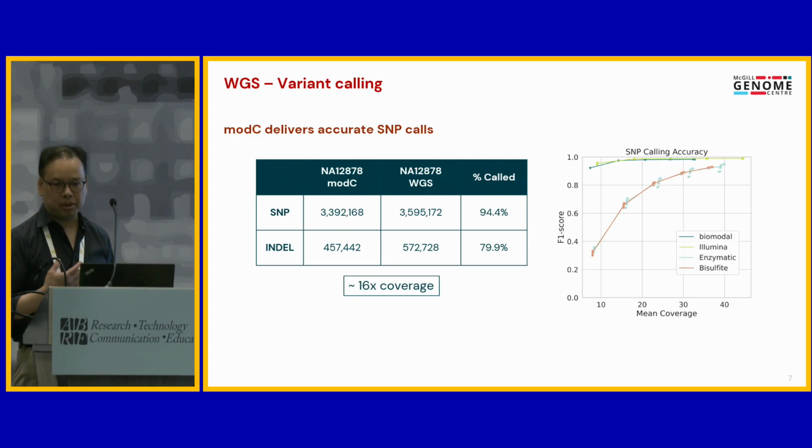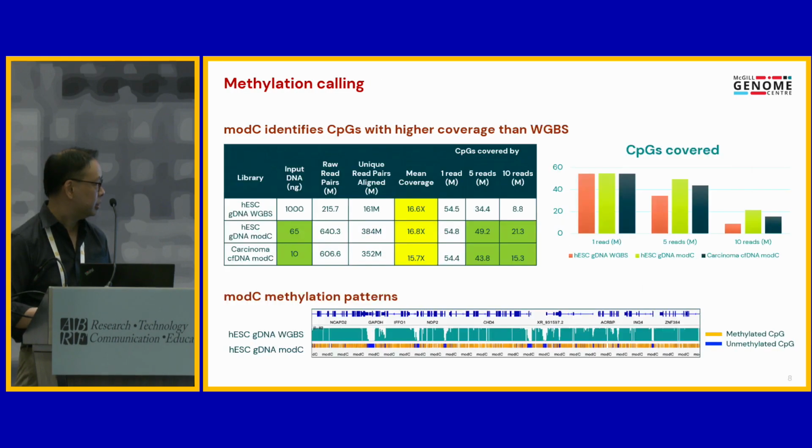But of course, we're not interested just in the genomic sequence. We want to look at the methylation. So the first thing we did was to look at the CpG calls. If you look at the first 2 rows of this table, we took a human embryonic stem cell line where we did the classical WGBS method and the MOD-C.